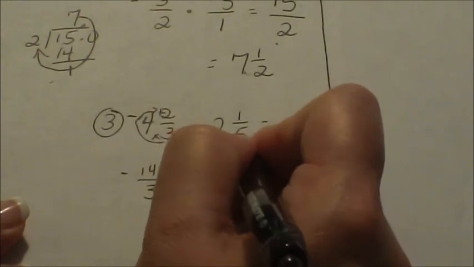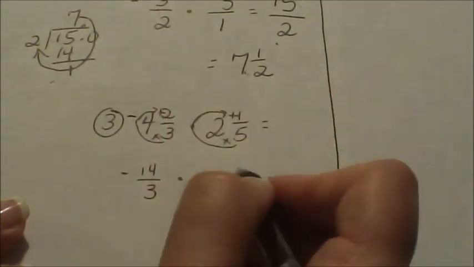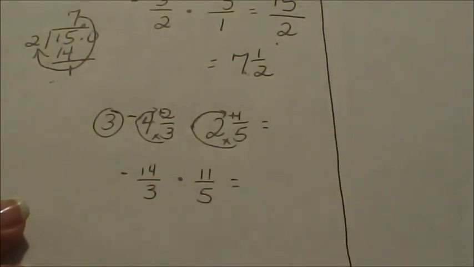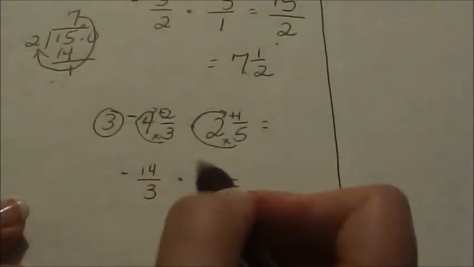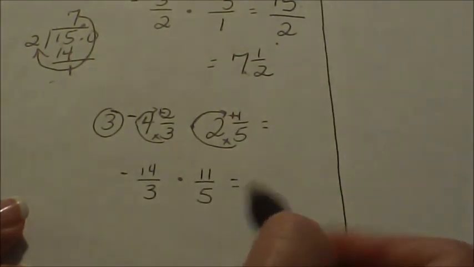Okay, times 2 times 5 is 10. Come around and add the 1. That's 11. Keep my denominator. So now what I have is negative 14 times positive 11.